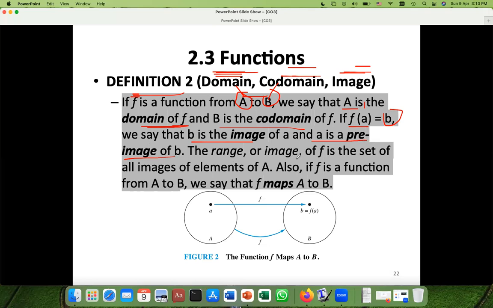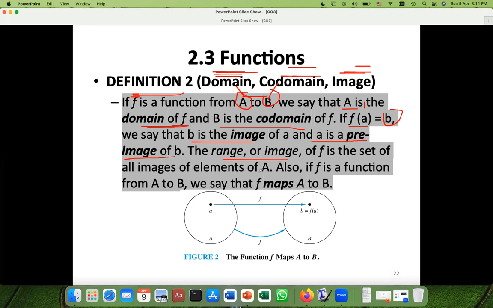And what is range or image? Range and image is the same thing, okay? But normally range is giving a collective meaning. Range means something starts from here and ends here.